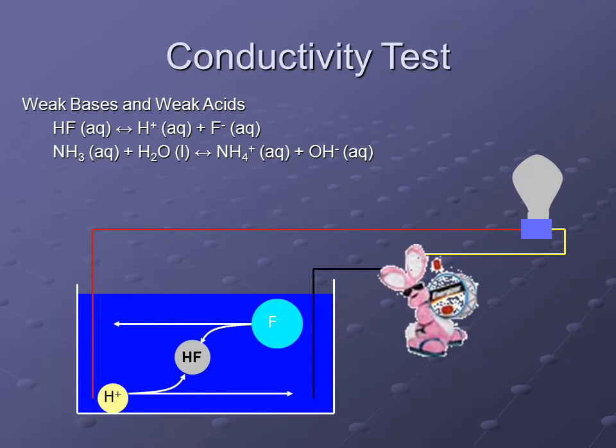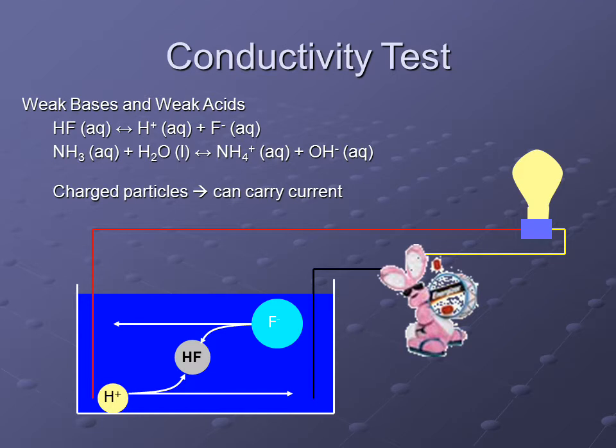So when we hook this up, the light will be dim because this chemical reaction of our charged particles creating uncharged particles will present some resistance. We will still get current because we have mobile ions, the F- going this way and the H+ going this way, but we will also have significant resistance.